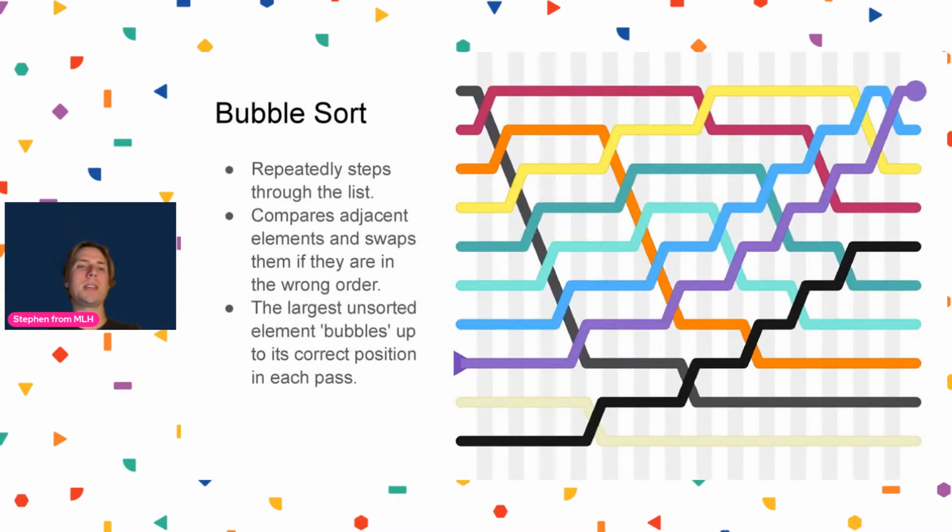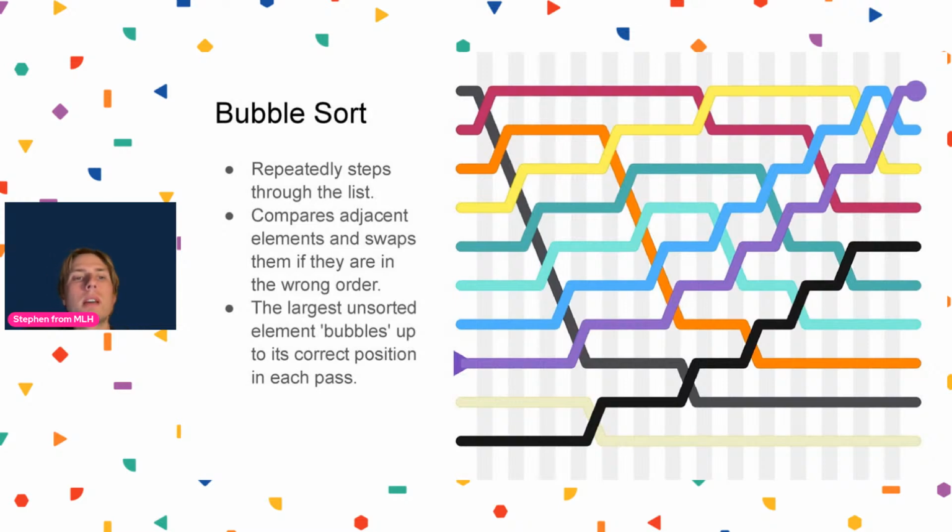Bubble sort repeatedly steps through the list, compares the adjacent elements, and swaps them if they are in the wrong order. The largest unsorted element naturally bubbles up to its correct position in each pass. So you can tell that some of these are a little bit larger than others.